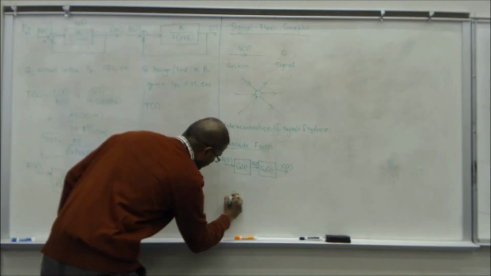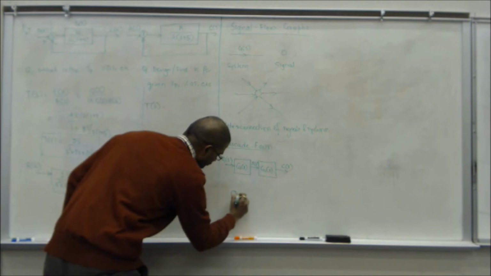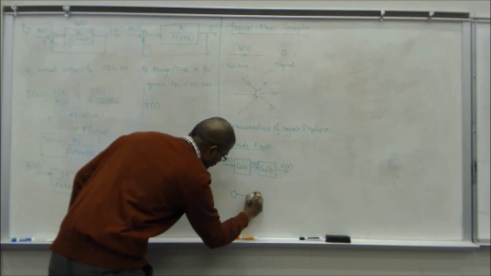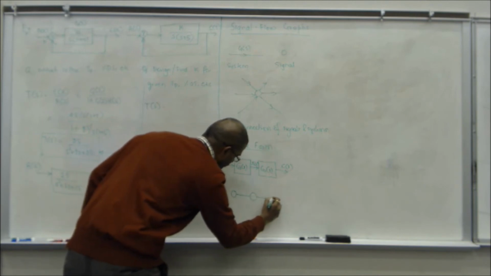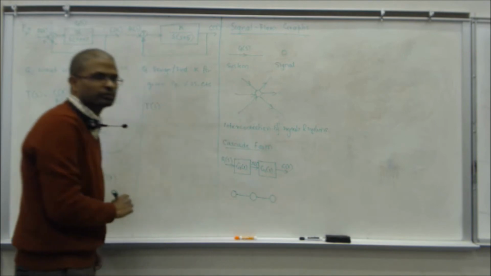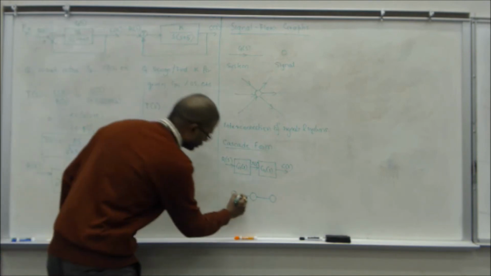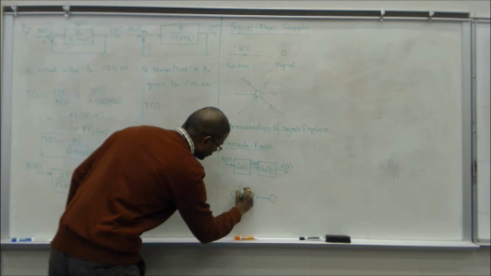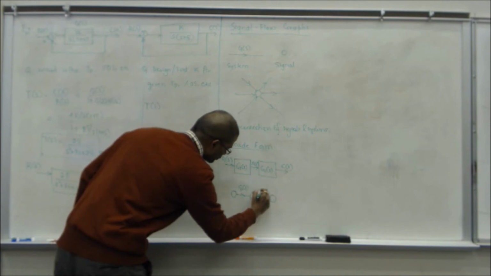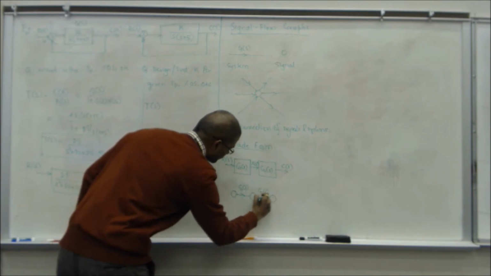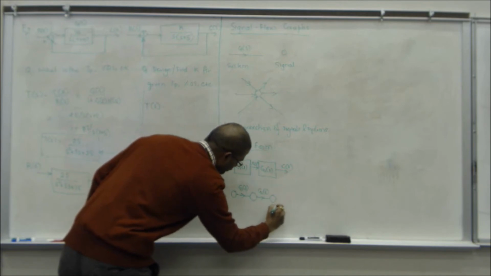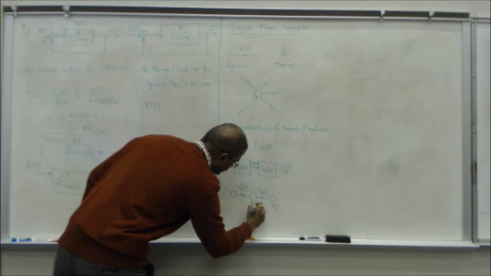You have signal, system, signal, system, and signal. Okay, so this is G1 of S, this is G2 of S, this is C of S, and this is X of S.